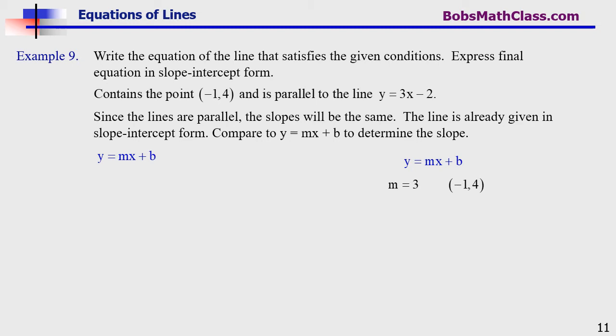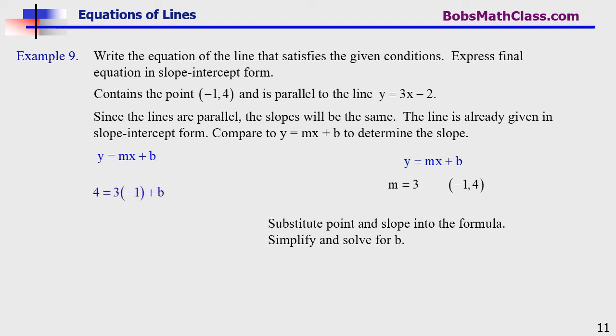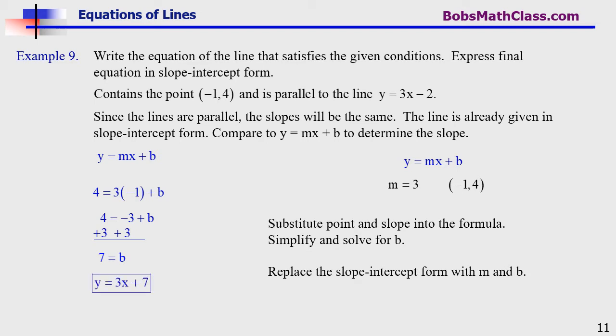The negative 1 is x, the 4 is y, and m is 3. Solve for b. So 3 times negative 1 is negative 3. Add 3 to both sides, we get 7. So b is 7 and m is 3. y equals 3x plus 7.